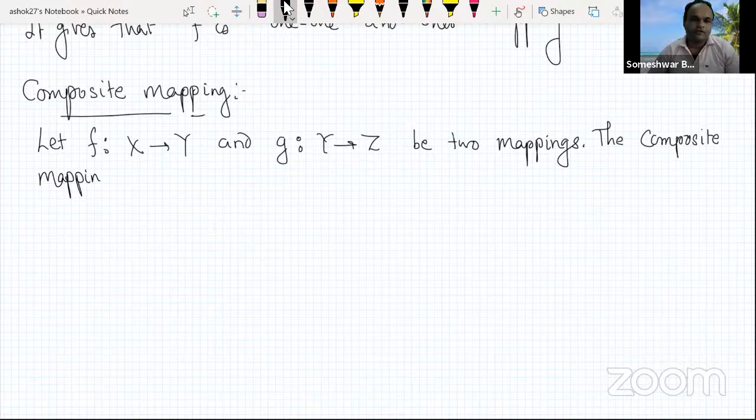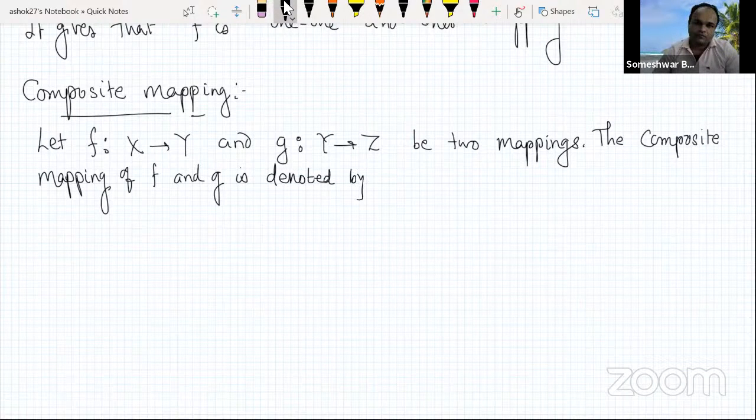The composite mapping of F and G is denoted by G of F. Actually, this is the notation for composition of F and G. First mapping is F and second mapping is G.